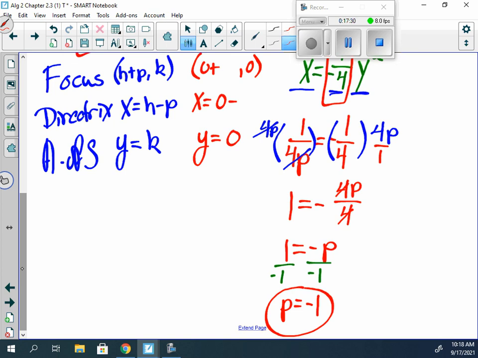So I can come back up here and plug it in, because the directrix is h minus p, so 0 minus negative 1. And the focus is 0 plus negative 1. So our focus for this problem, 0 plus negative 1, is negative 1, 0. Questions on this here?